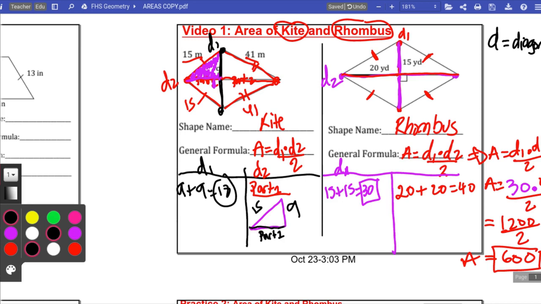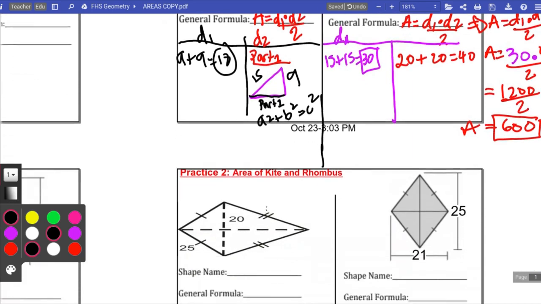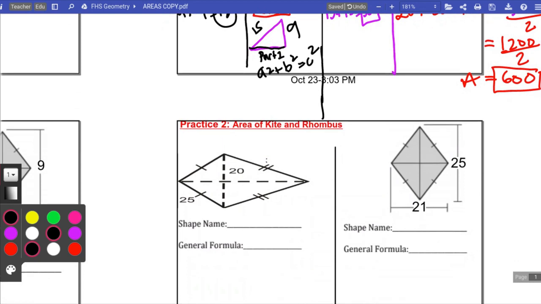Now remember the formula a squared plus b squared equals c squared. This is the Pythagorean theorem. If the c is given, meaning the side opposite to the right angle is given, then you need to do this in your calculator.